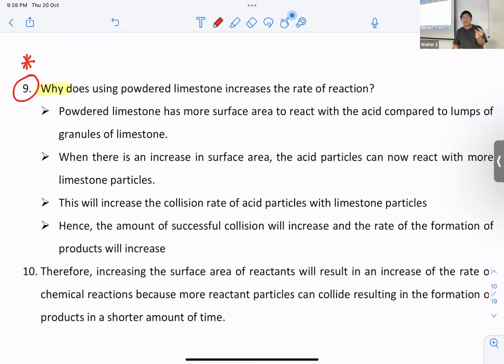So between chunks and powders, you will have different particle size. But the total surface area exposed for reaction is different for both. The total surface area exposed for the powdered one is way larger compared to the chunks or the lumps. Do you understand?